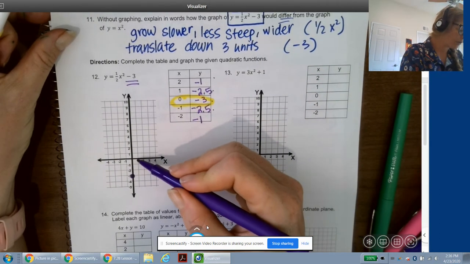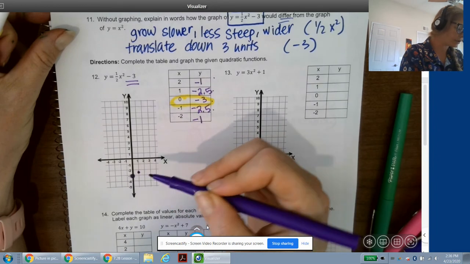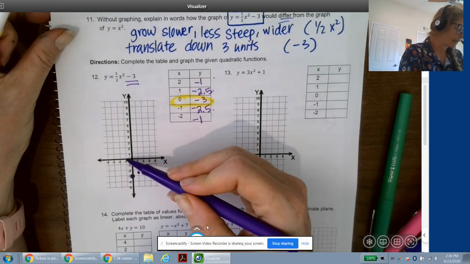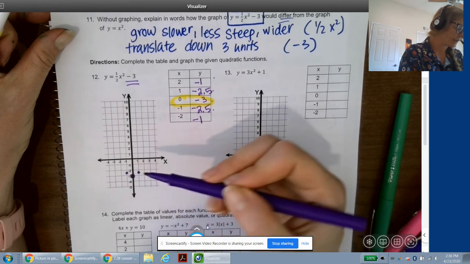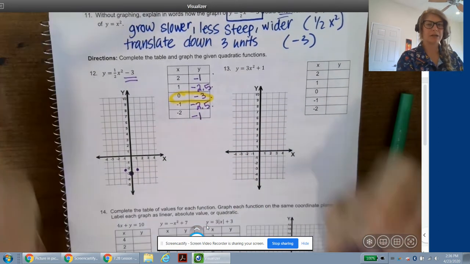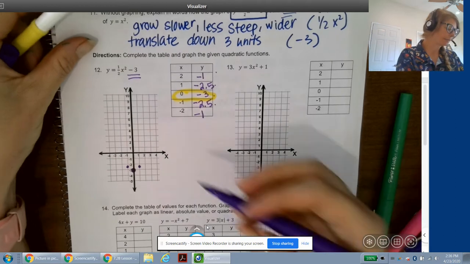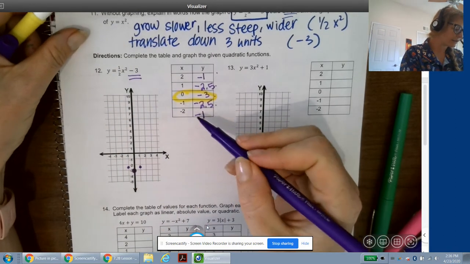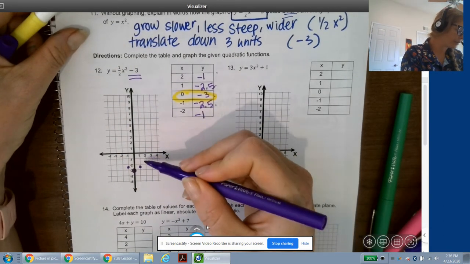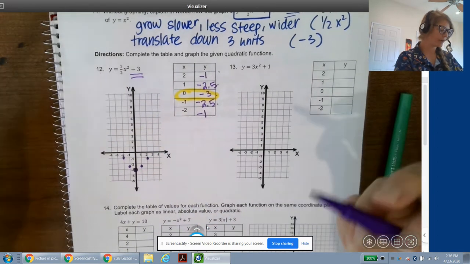So then 1, -2.5 is between -2 and -3. -1, -2.5 between -2 and -3. And again, I'm pretty happy with this because I know that my parent function parabola kind of grows a little bit faster up. And then let's do our last one, 2, -1, -2, -1.